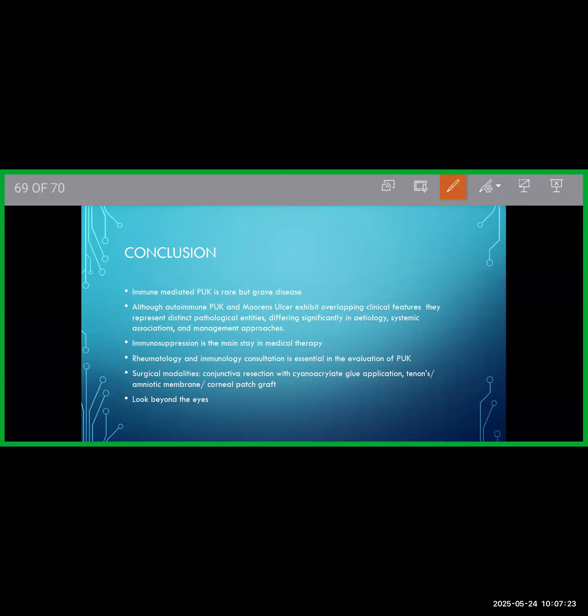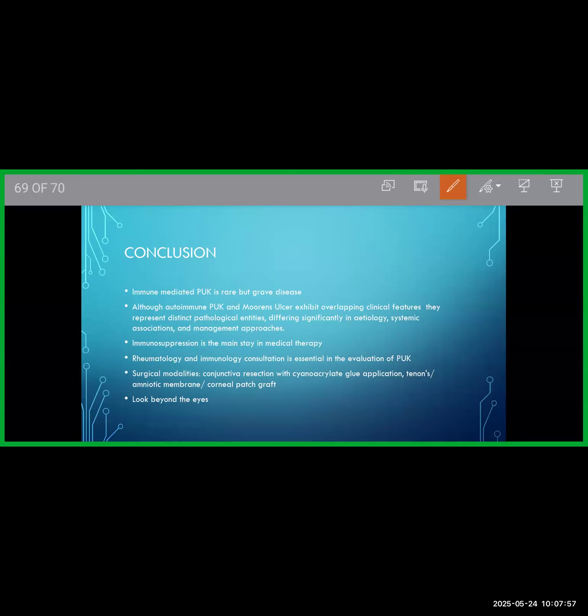Then the first question was on the histopathological findings of the conjunctiva. Basically, it will show inflammatory cells, which may not really help one to differentiate, because the inflammatory cells that are seen in Mooren's are similar to those that are seen in PUK. So that alone is not enough to differentiate Mooren's ulcer from PUK.